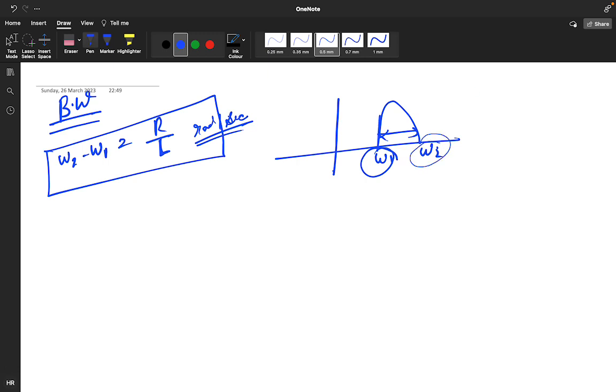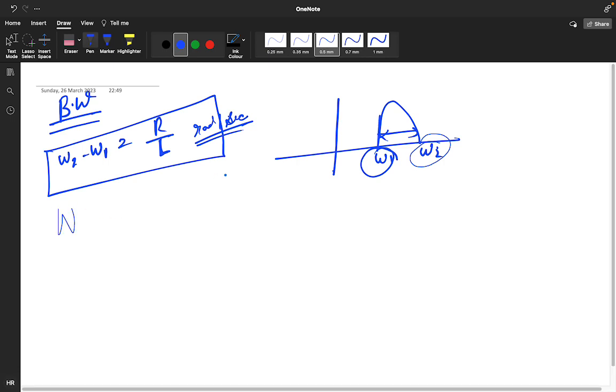And if you want to find the value of omega 1 and omega 2, write it down. Formula for omega 1 and omega 2 will be, see, this is my omega naught value.